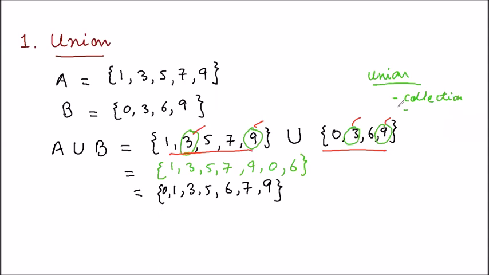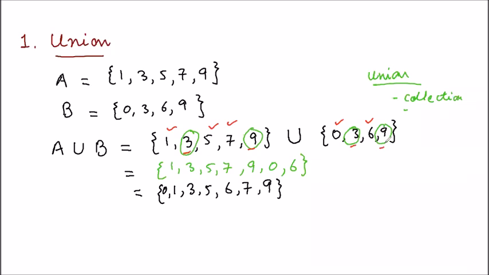One which are present in A. Now I will explain with different colors. For example, 1, 5, and 7. These are present in A, set A. Now 0 and 6. These elements are present in B. And 3 and 9. These are present in both.